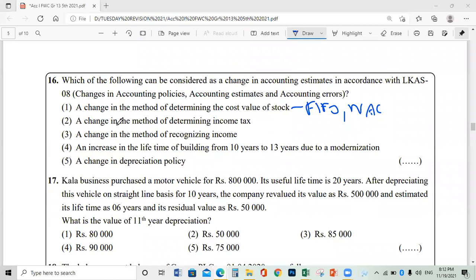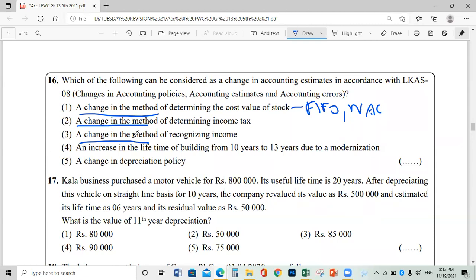Then, a change in the method of determining. If you see everywhere, change in the method, change in the method. Guys, changing the method means you're changing the policy of the business. Whatever they were doing, you're changing that. So these are going to be policy.